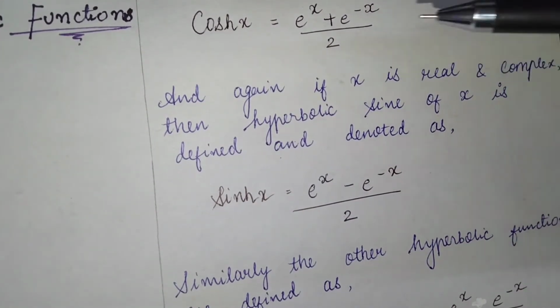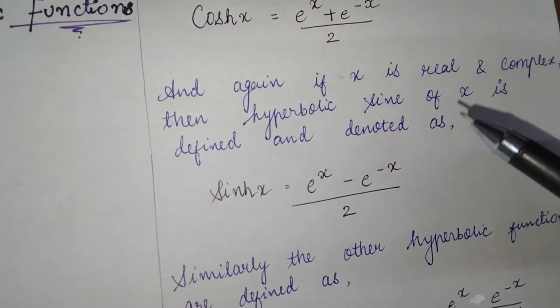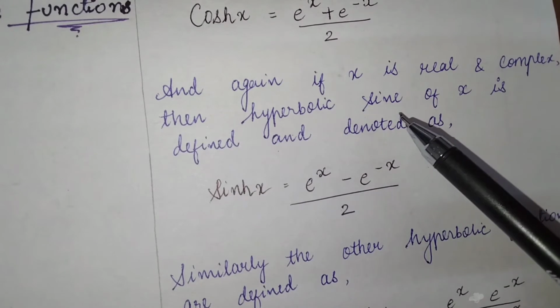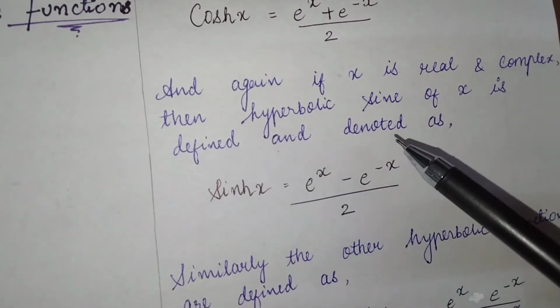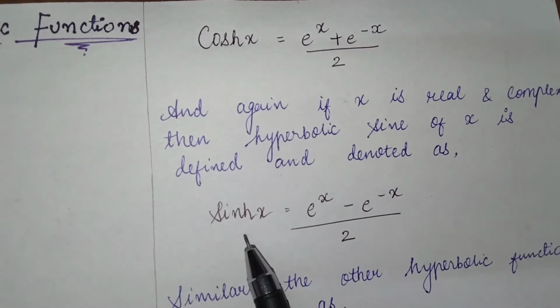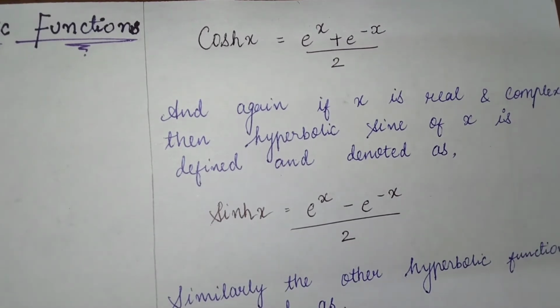Similarly, if again x is real or complex, then hyperbolic sine of x is defined and denoted as sinh x equal to e raised to x minus e raised to minus x by 2. Okay?